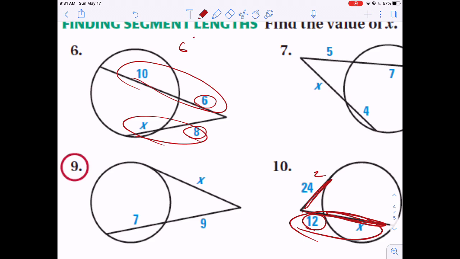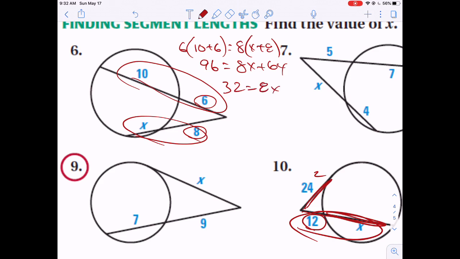So 6 times 10 plus 6 equals 8 times x plus 8. So this is going to be 96 over here. 96 equals 8x plus 64. Subtract 64. 32 equals 8x. Divide by 8. X equals 4. That turned out pretty nice.